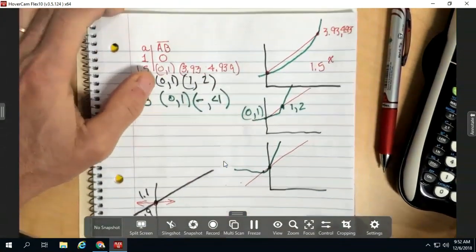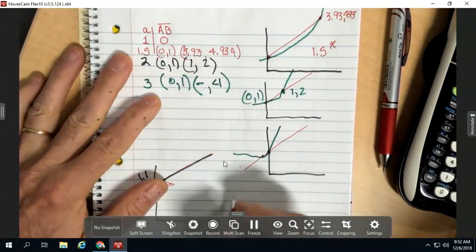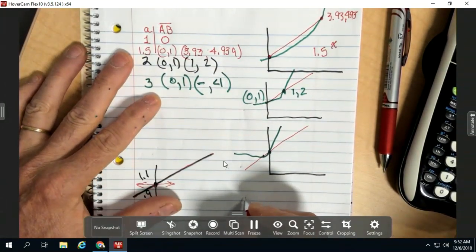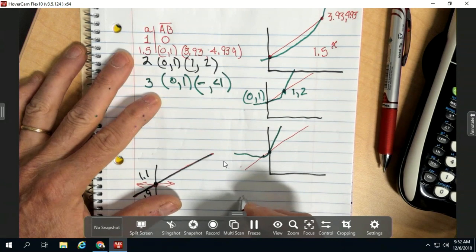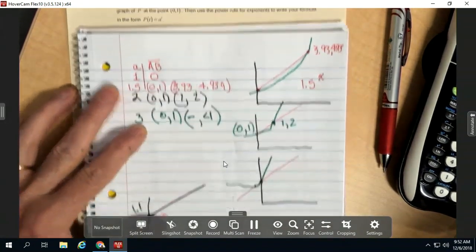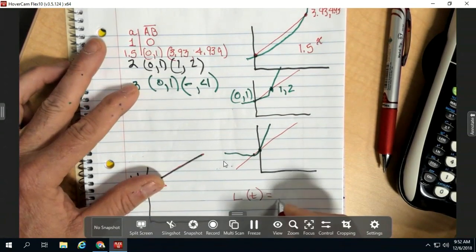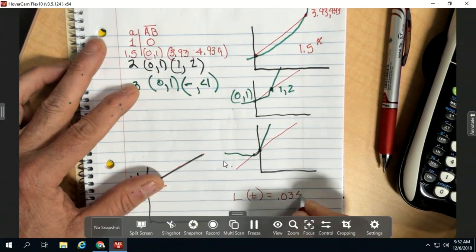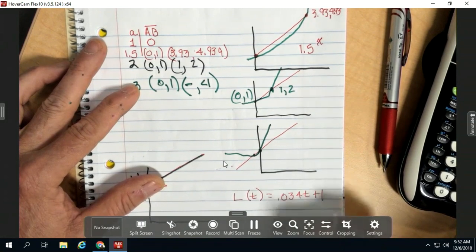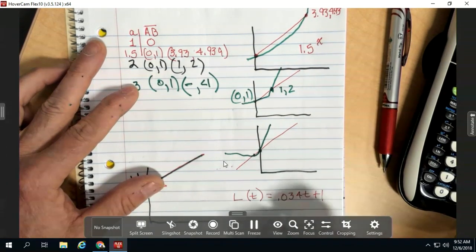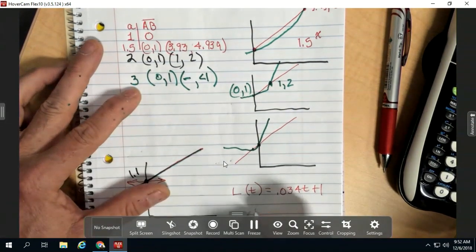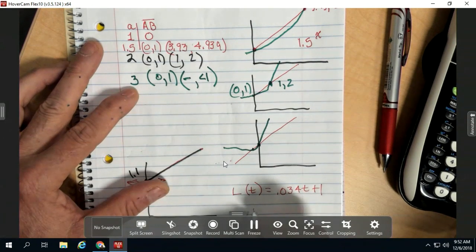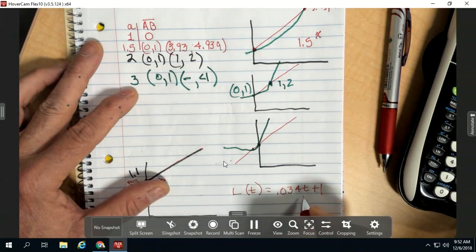Use that fact for this problem. Based on experimental data, a biologist estimates that for small values of time, the size of a bacterial colony, L of t, is 0.034 t plus 1, where t is the time measured in minutes. However, the biologist knows that the bacterial colony grows exponentially.